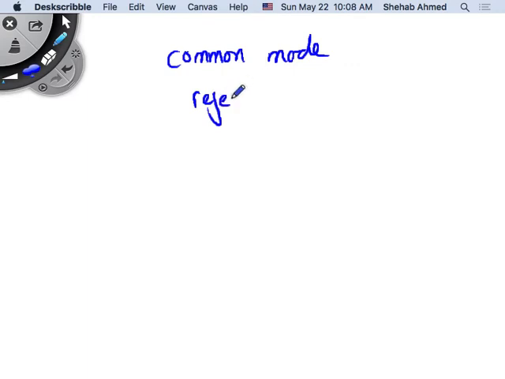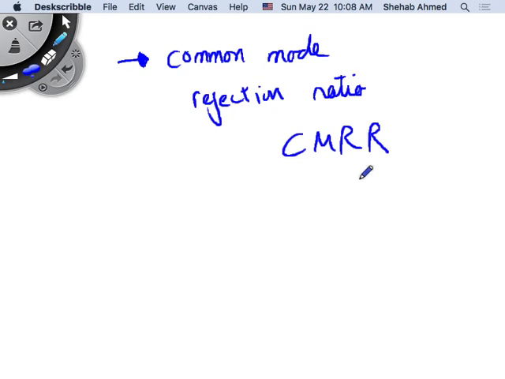We will define it later as, what do you think it will be defined as? It will be defined as the gain of our circuit for the differential input, V1 minus V2, over the gain of the circuit to the common mode input.